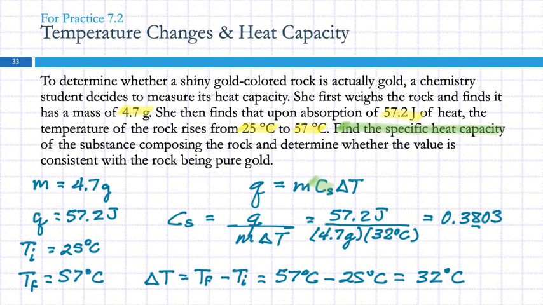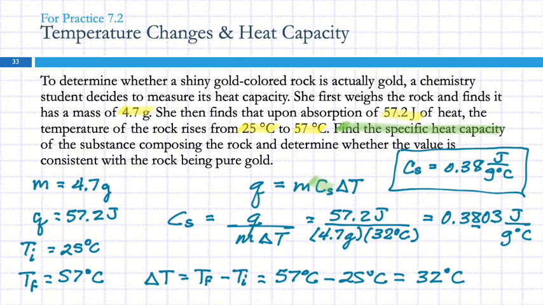So we're limited to 2 sig figs there. And the units are going to be joules over gram degrees Celsius. None of those are going to cancel out. So the answer to that is the specific heat capacity of this rock is 0.38 joules per gram degrees Celsius.